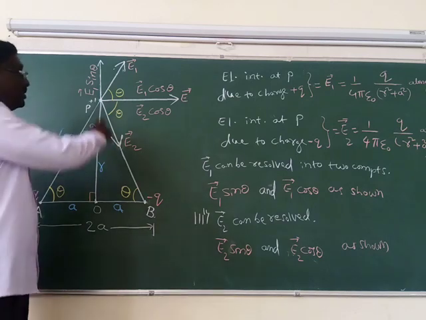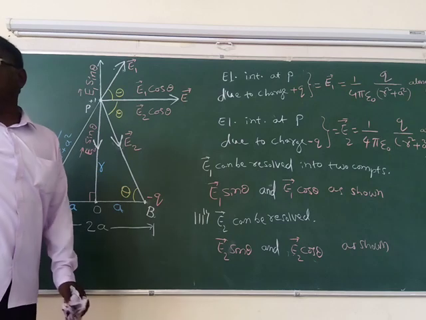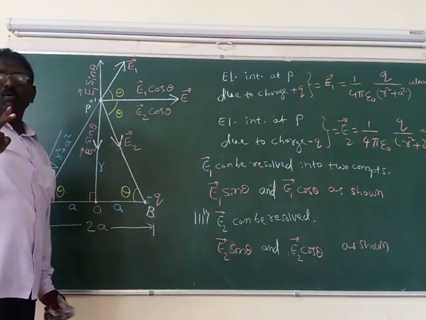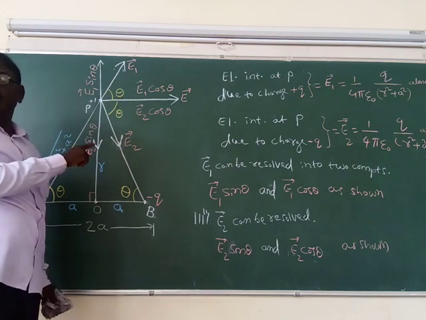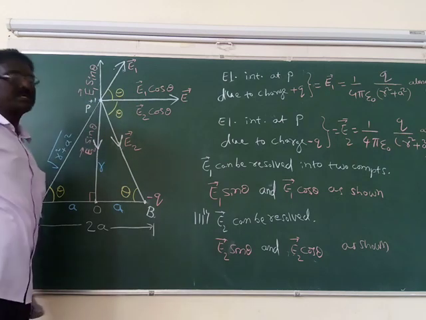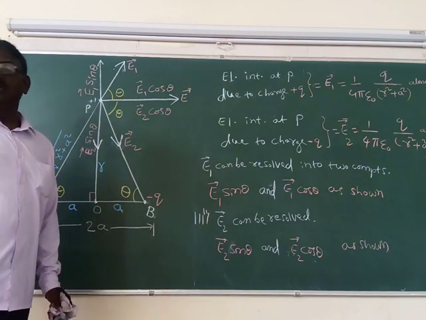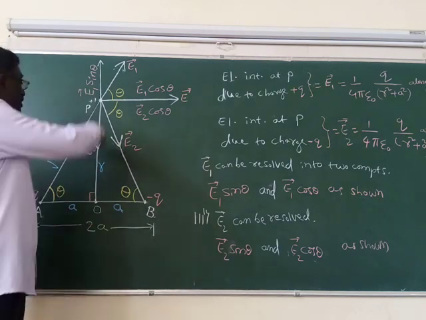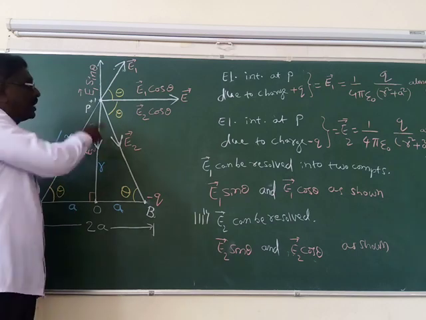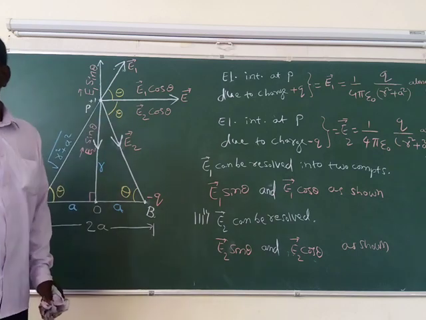Now, the vector E1 can be resolved into two rectangular components, namely E1 sin theta, vertical upward, and E1 cos theta along horizontal. Similarly, E2 can also be resolved into two components: E2 sin theta vertical downward and E2 cos theta on horizontal.